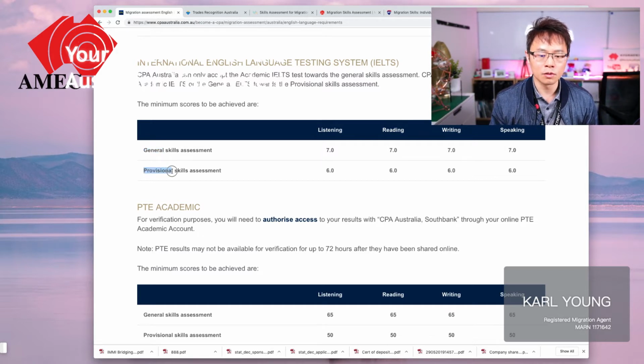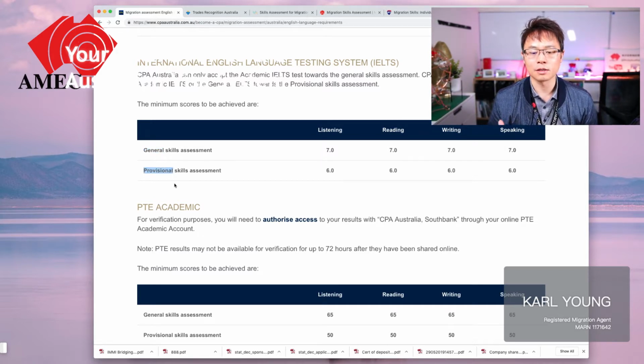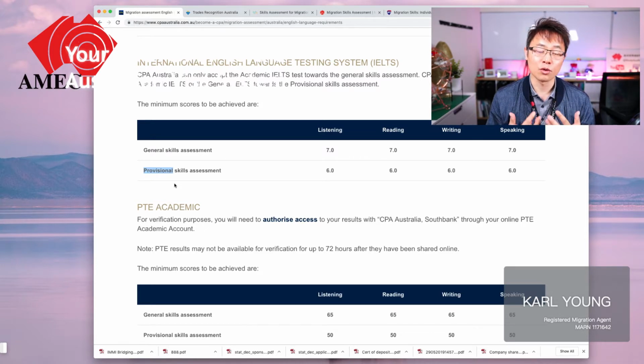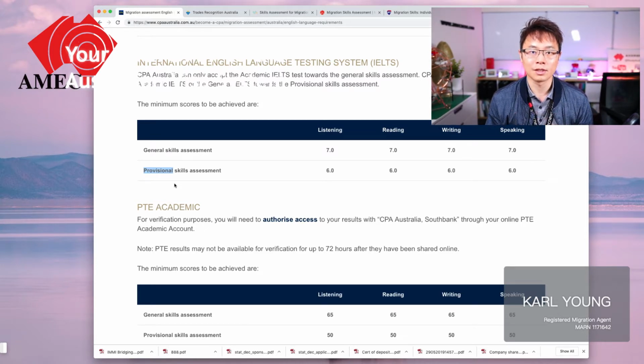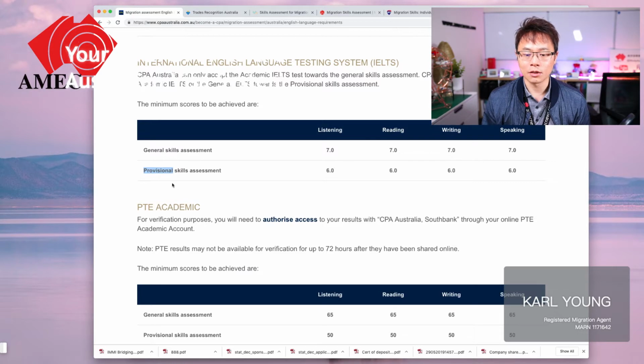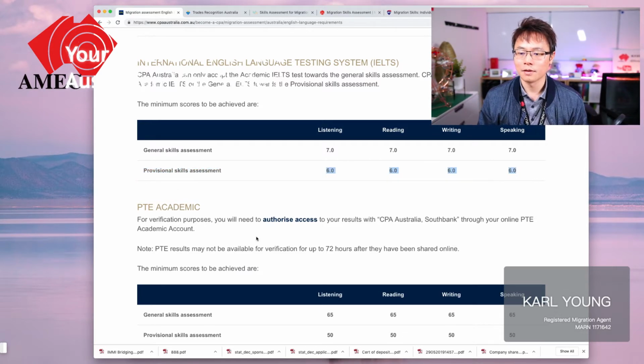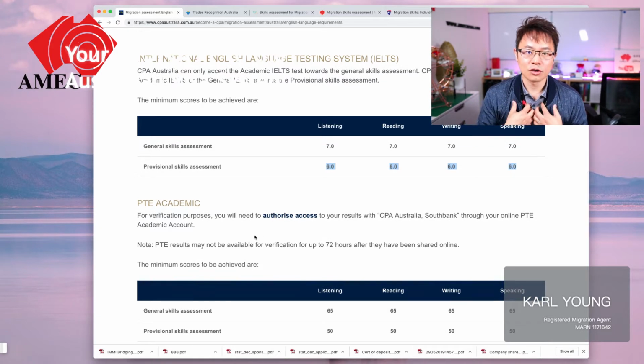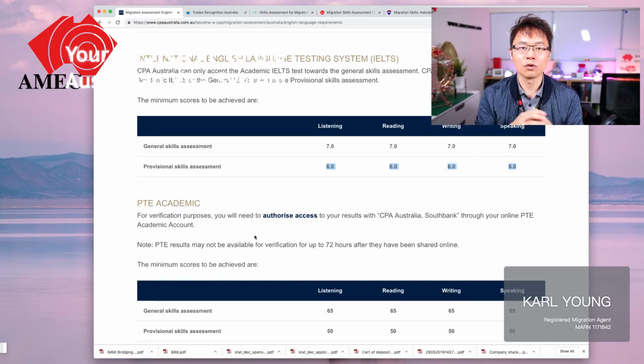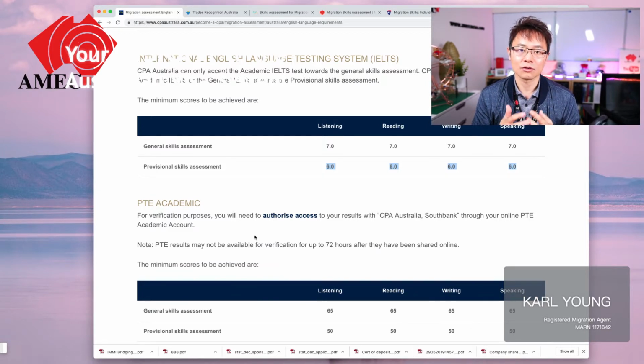Now, provisional means that if you only just graduated and you're required to get a graduate temporary working visa, then you only need to meet the provisional skill assessment. That's a 6 there. My suggestion and recommendation for all of you who want to migrate to Australia is that your IELTS has to go at least to 7.